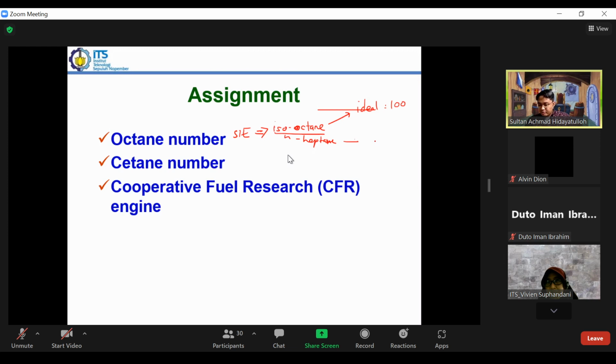And I found something about the effect of straight hydrocarbon on the octane number.